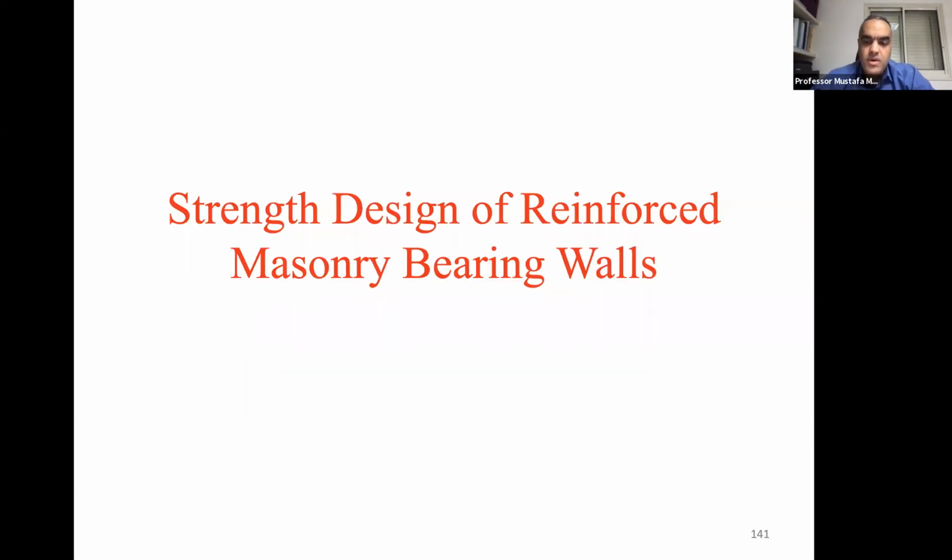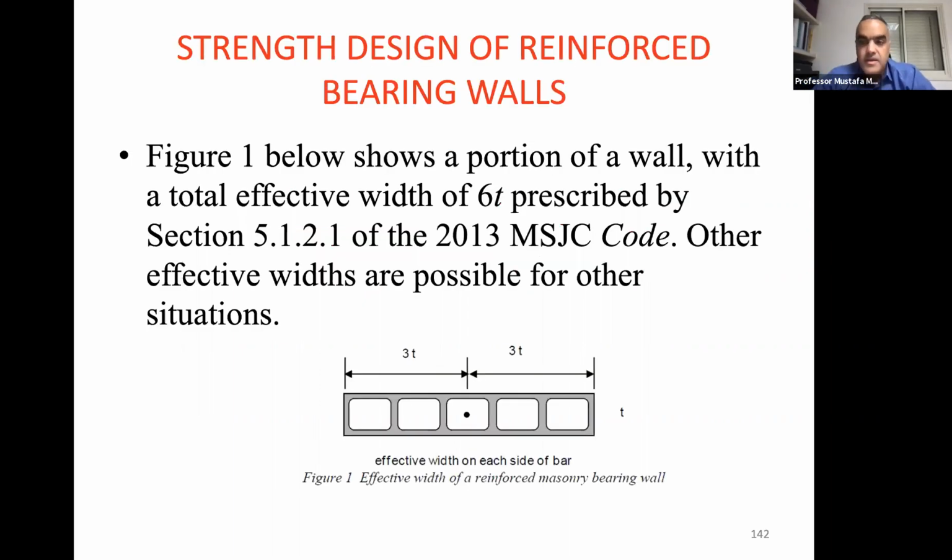Now looking at the design strength of reinforced masonry bearing walls. Typically we have part of a masonry wall like this, with a rebar in one of the cells, not in every cell, though it is possible to have it in every cell, which gives a big capacity and is done sometimes.